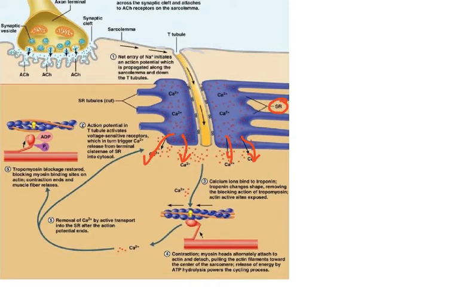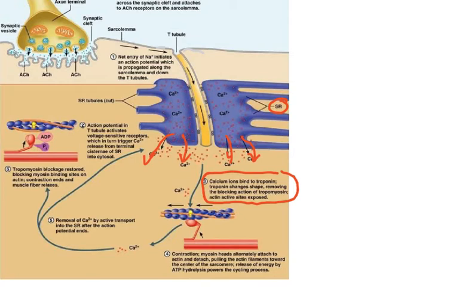Now the calcium ions bind to troponin. Troponin changes shape, removing the blocking action of tropomyosin. Actin active sites are exposed. Number 4, contraction. Myosin heads alternately attach to actin and detach, pulling the actin filaments towards the center of the sarcomere, and the release of energy by ATP hydrolysis powers the cycling process.